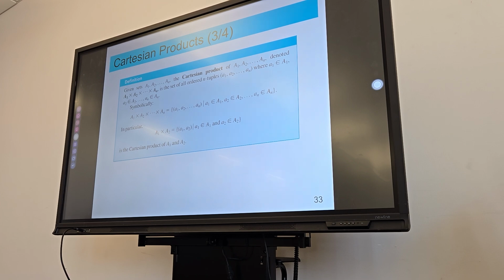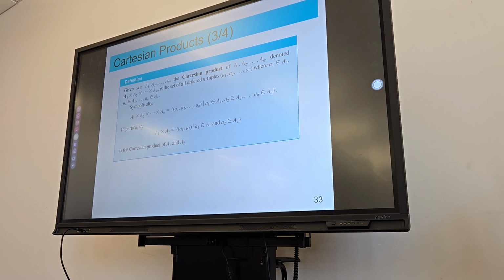It is the set of all ordered n-tuples (a1, a2, a3 to an), where little a1 is an element of set A1, a2 is an element of the set A2, and so on.